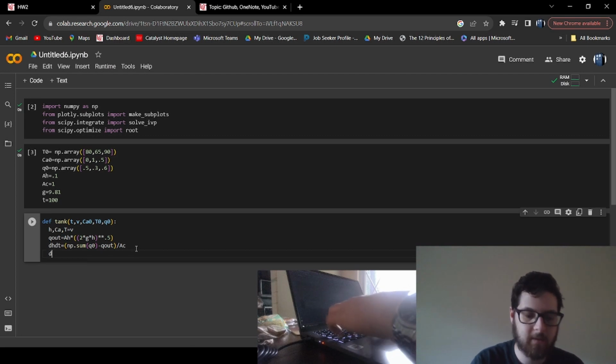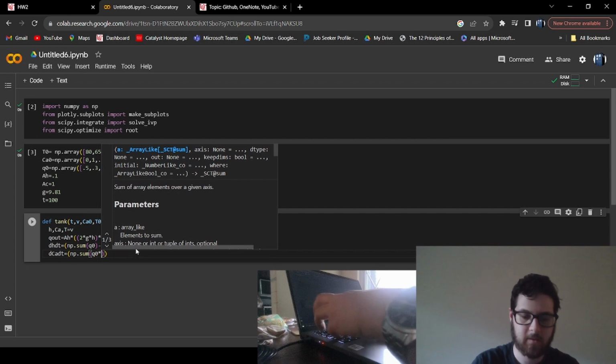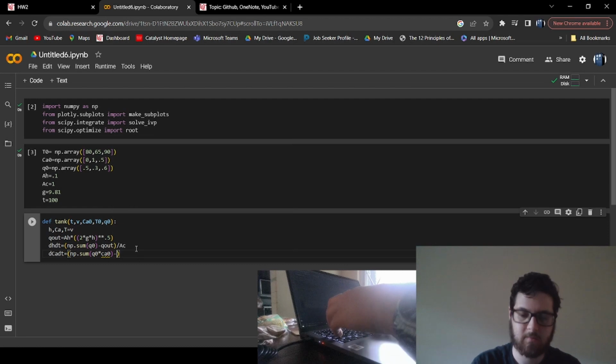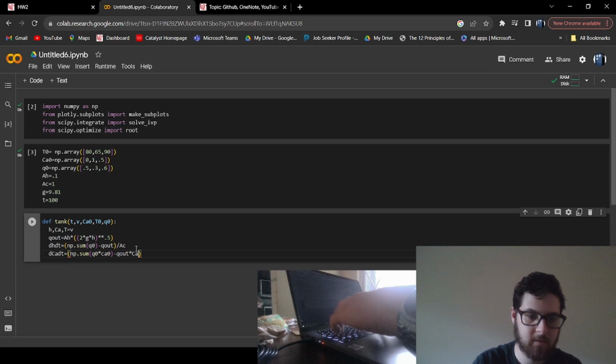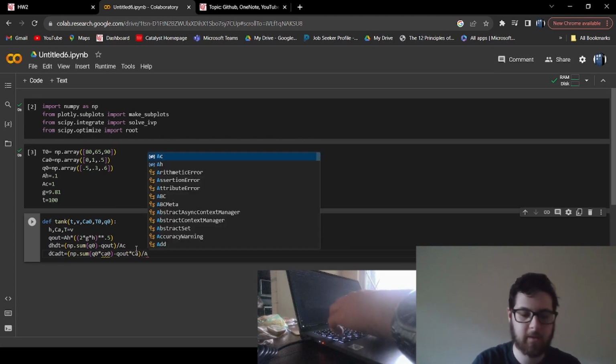So then dCA dt is going to be equal to the sum of Q0 times CA0 minus Q out CA, all divided by the cross-sectional area.